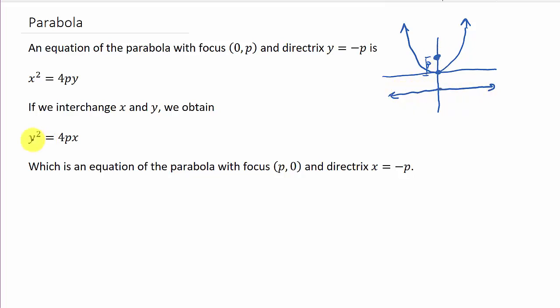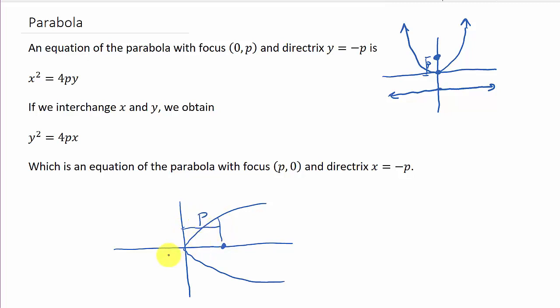And then same thing over here, except it's either going to open right or left. If the focus is here, of course, this distance to here would be p, and then the directrix would be back here, p units.